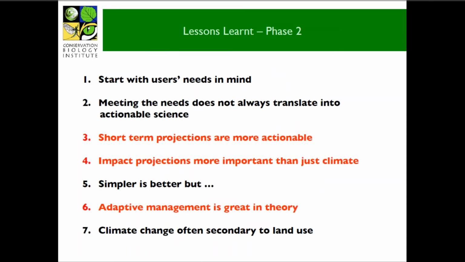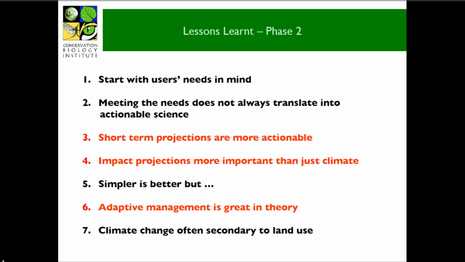And the lessons learned in that phase 2 was we really needed to start with the user's needs in mind. We couldn't start from a tool built for something else and suddenly adapt it. It was like, let's start from scratch, because it's much more useful to really have the goal first in front of us to get started. Second, meeting the needs does not always translate into actionable science.